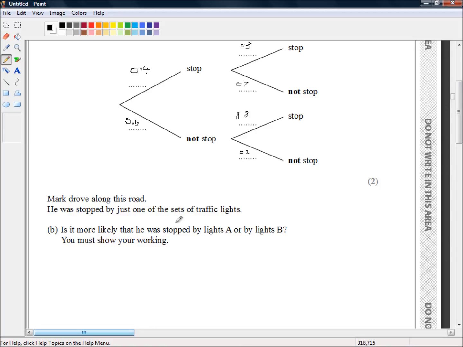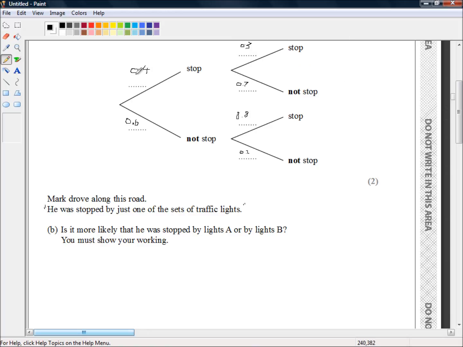Okay, I think there's two ways of looking at this, and that's down to whether or not this here is taken as a statement of fact or something we're supposed to calculate. If we take this as a statement of fact given in hindsight, then if he was stopped by lights A, we know for certain he wasn't stopped by lights B, so we don't need to worry about that.